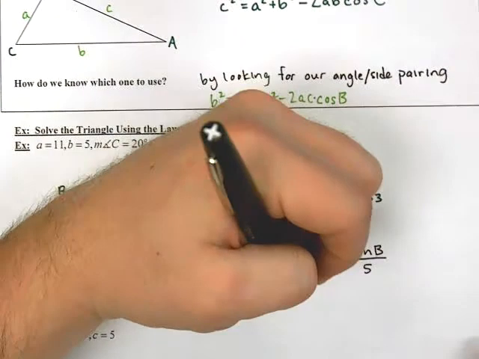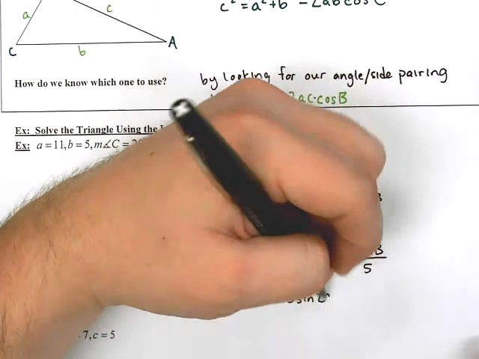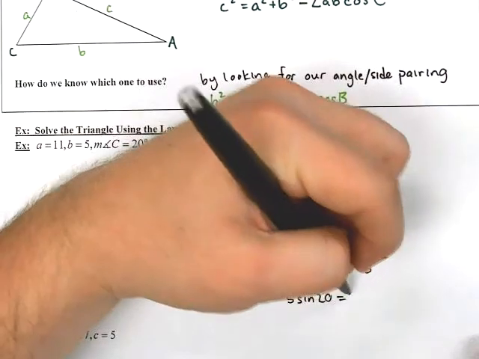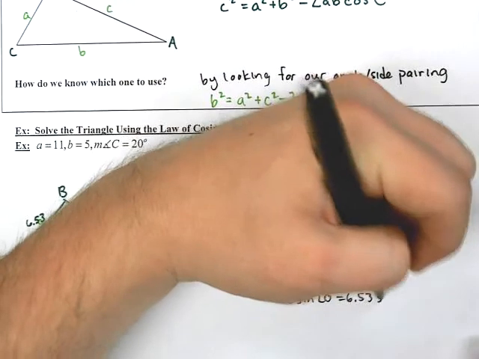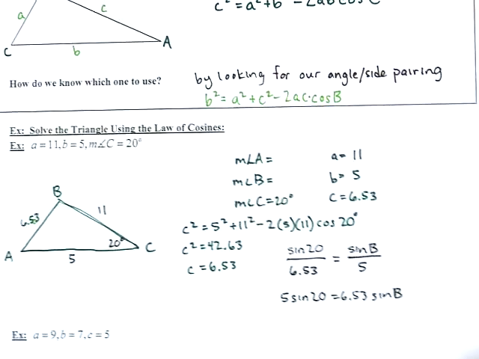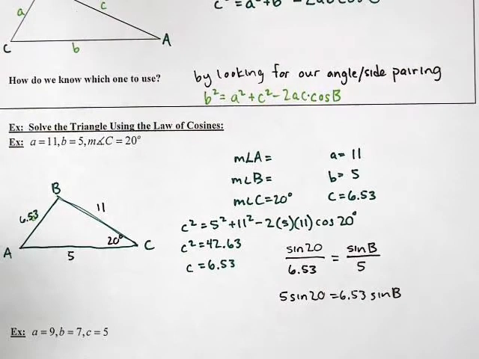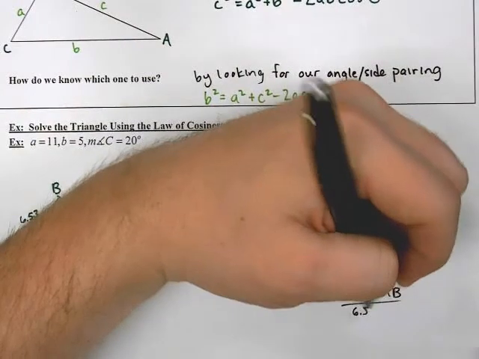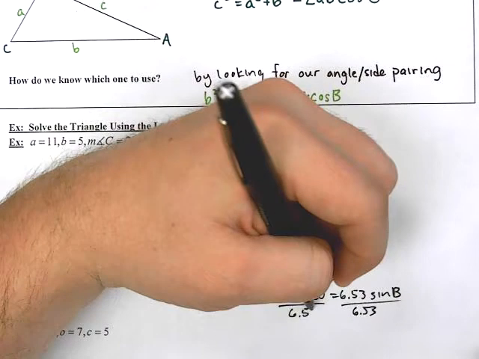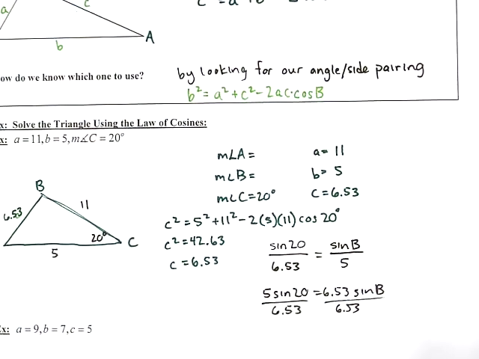So I get 5 sine 20 equals 6.53 sine B. And then, of course, what do I have to do? I need to divide by 6.53. Alright, so we're getting there. We go to the calculator now.